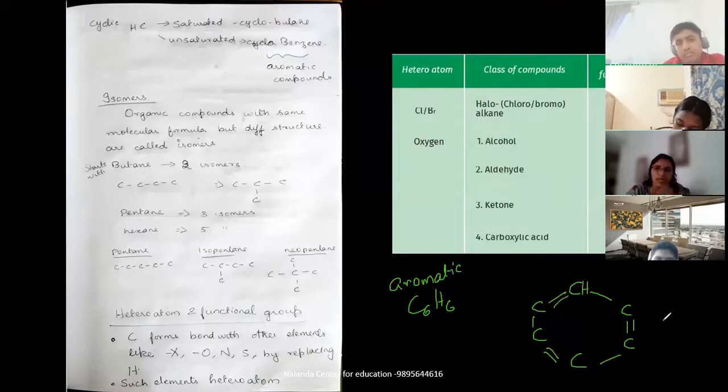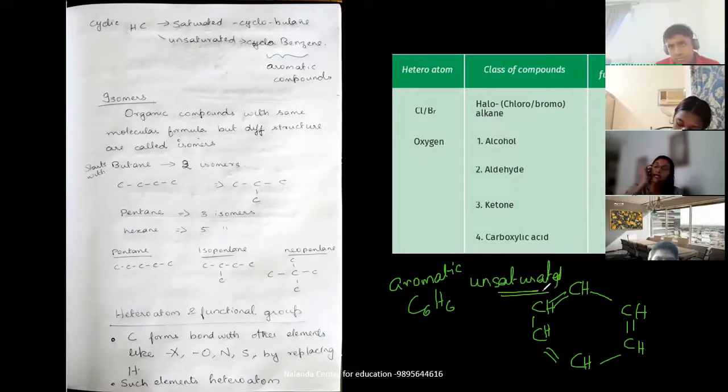Fill the rest with hydrogen. This is the structure of benzene, C6H6. If you can draw the dot structure and learn, that also will be good, because there is not much else which can be asked from this particular chapter. So this is an unsaturated cyclic compound.